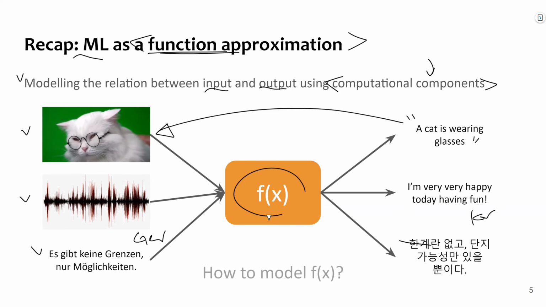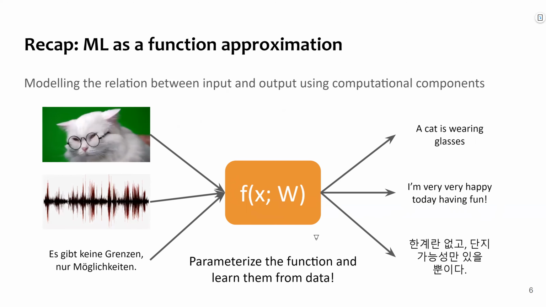By the way, how can you model these? In our paradigm, how we deal with these modeling problems is by parameterizing the function with W. And we're going to learn these parameters from data.